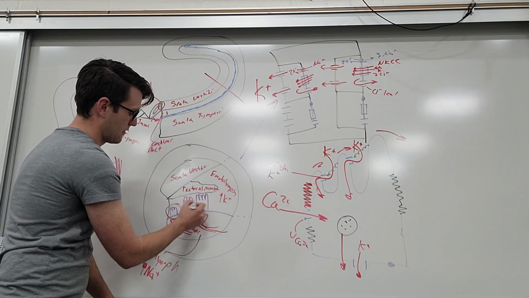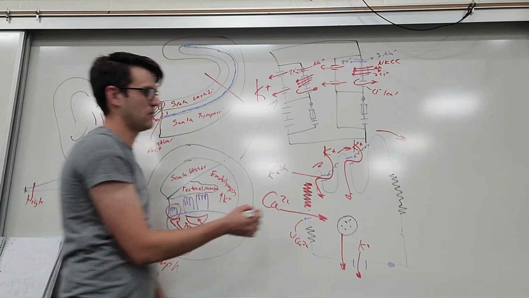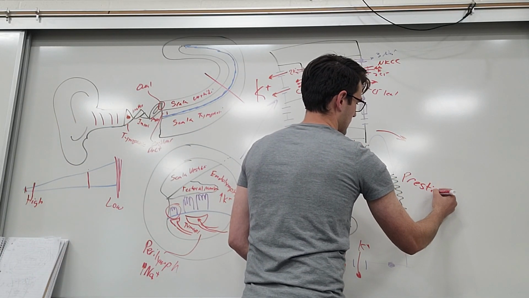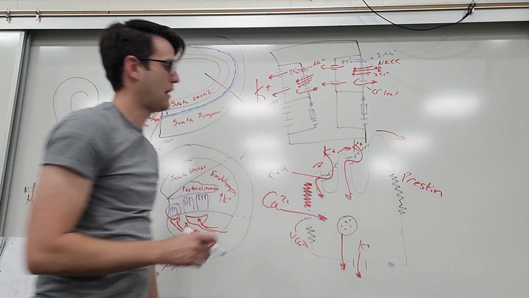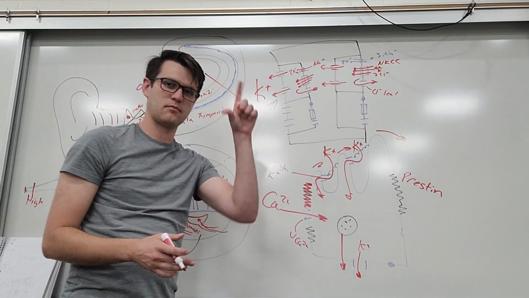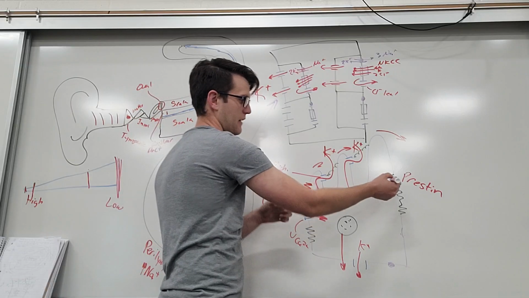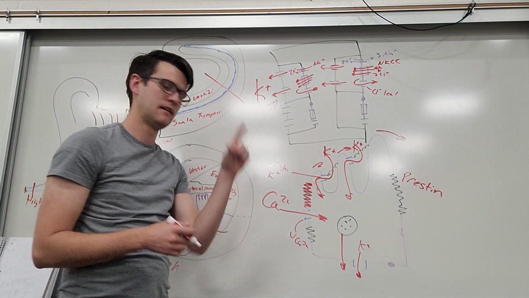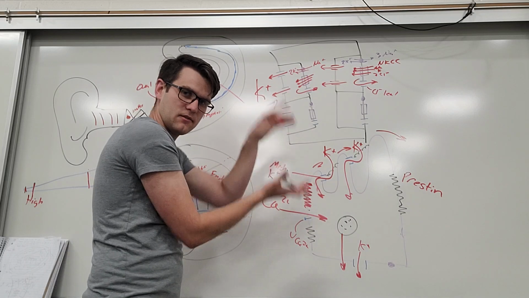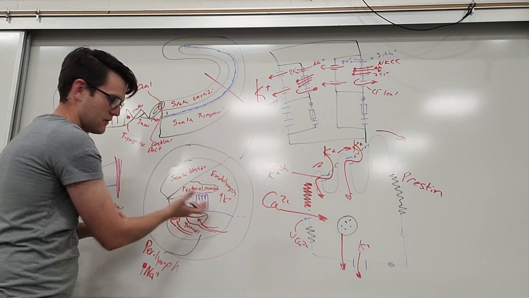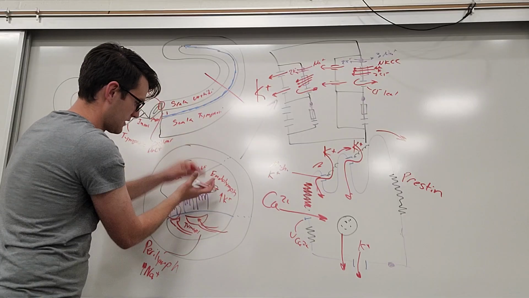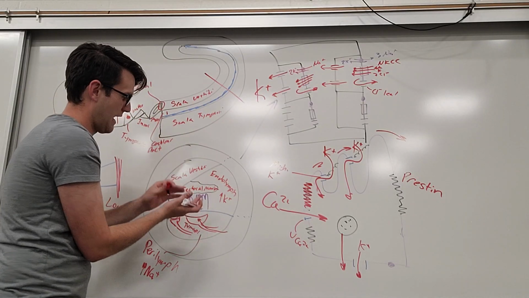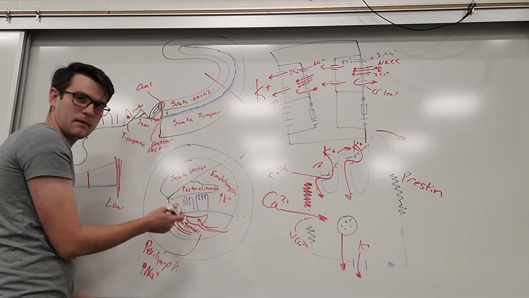But with these outer cells, or I guess both of them too, we have a protein called Prestin. What Prestin does is it acts like a spring. Prestin used to be like a voltage-gated chloride channel, but now it's broken, so now it's just a spring. And it allows our hair cells to kind of do this. So as this basilar membrane is going crazy, those hair cells can also move. And it can say, oh, we're not going to move as much, or it can pull this about.